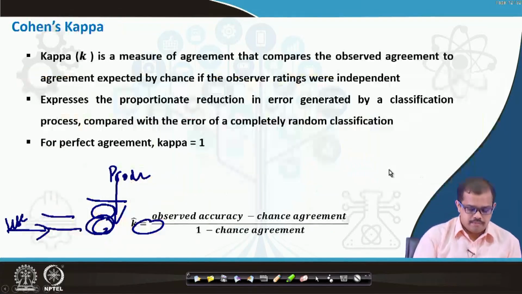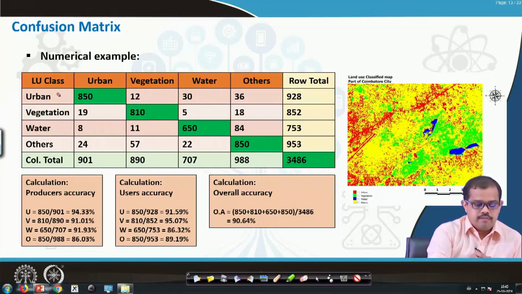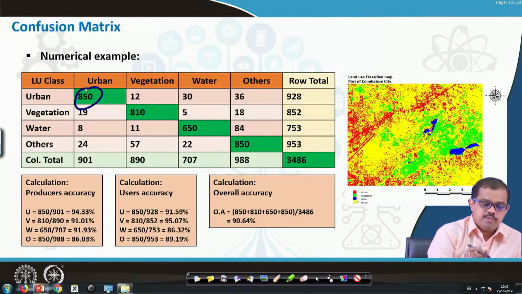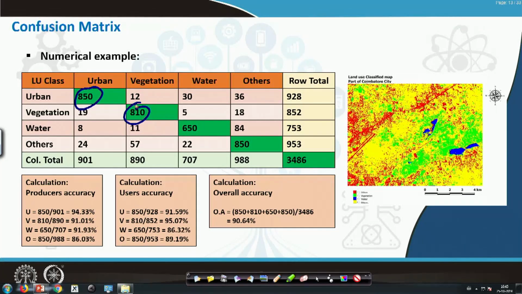For example, if I am considering this as an example here, I have 4 classes that I have taken. I have 850 pixels which are supposed to be urban are classified as urban. I have 810 pixels which are supposed to be vegetation are classified as vegetation. I have 650 pixels which are supposed to be water are classified as water in my user's map, but there are certain other pixels.